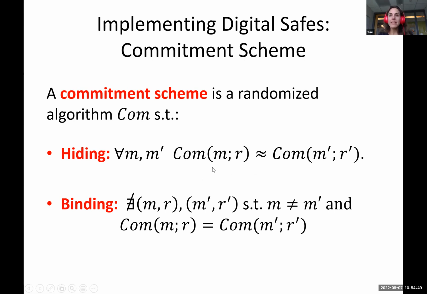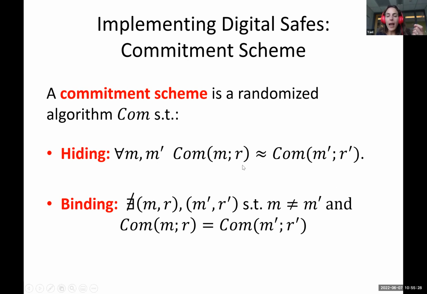The way we formalize it is exactly the way we defined security of encryption. Remember, we said encryption is hiding. It's the exact same hiding we want here, except there are no keys. What we want is to say that for any two distinct messages, think of them as of the same size, M and M prime, if you see a commitment of M using randomness, or a commitment of M prime using randomness, these two are distributed, may not be the same, but computationally indistinguishable.